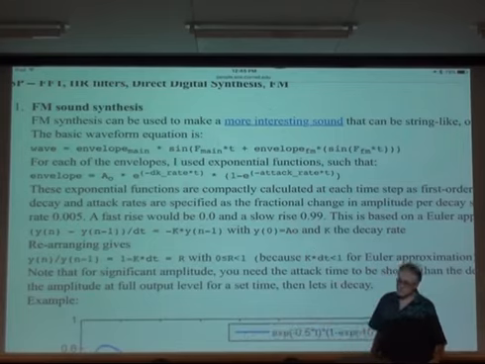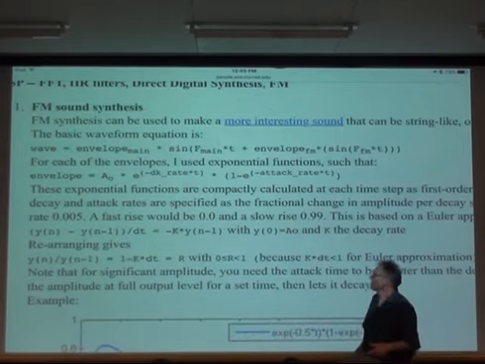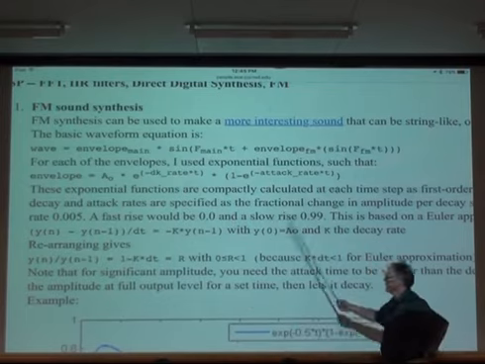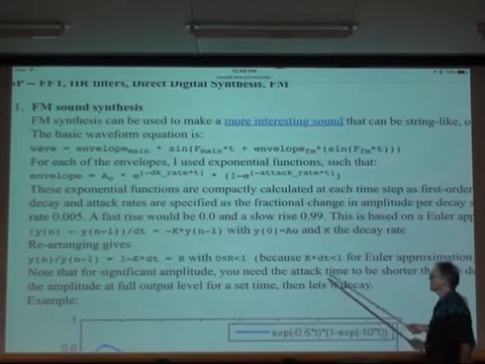you don't want to calculate all these exponentials. You have to keep track of absolute time. That's not so bad after a start event. But calculating e to the minus x is an expensive calculation. And by playing with the differential equation for a little while, you find that you can calculate incrementally.